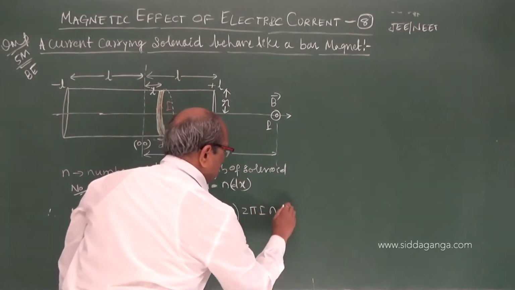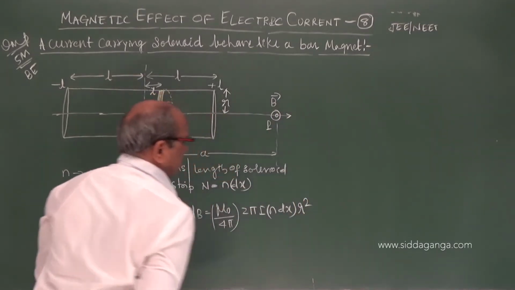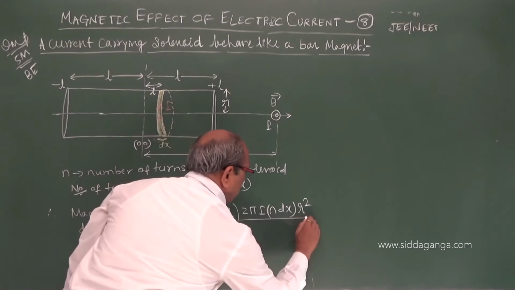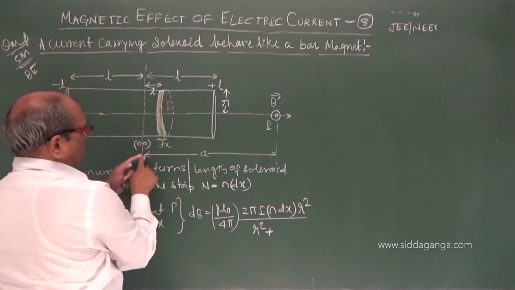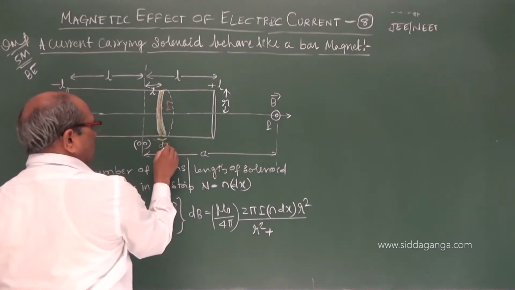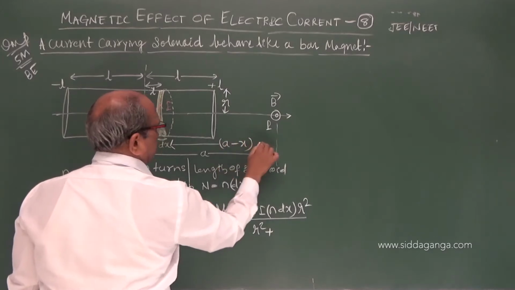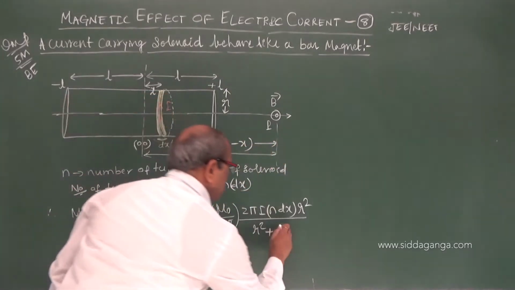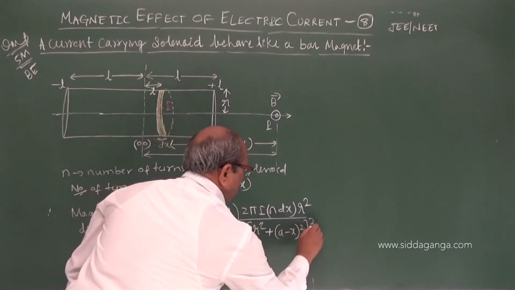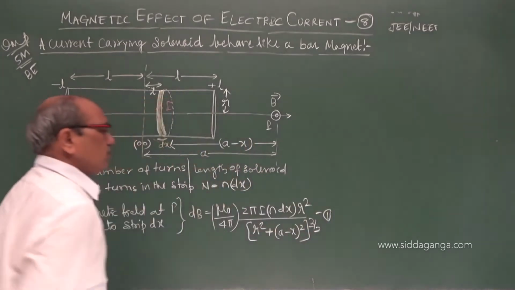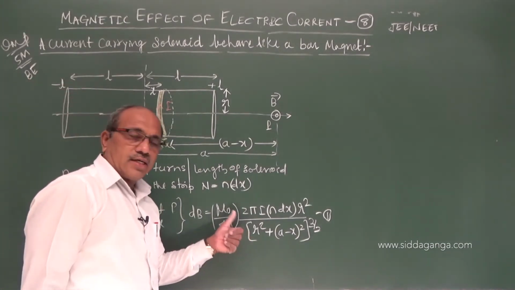R is the radius of the coil, r square divided by r square plus the distance squared. The total distance here is a, but the distance to the strip is a minus x. Therefore, I can take a minus x whole square to the power of 3 by 2, from the previous equation we already derived for a circular coil carrying current along the axis.